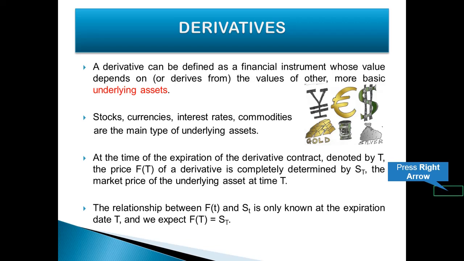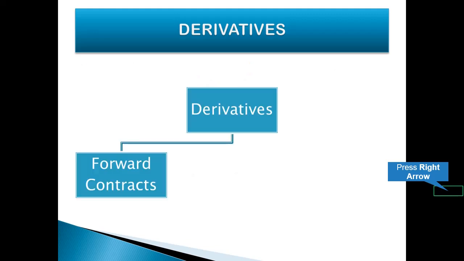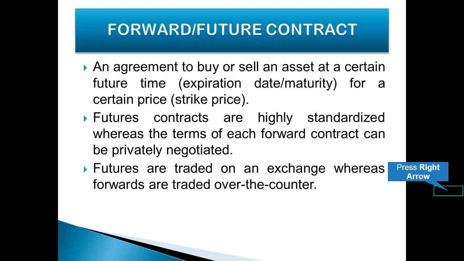That's our motive. Derivatives are agreements between two parties, a buyer and a seller. There are a few types: forward contracts or future contracts, options, and swaps. A forward contract is an agreement to buy or sell an asset at a certain future time, the expiration or maturity time, for a certain price, the strike price.